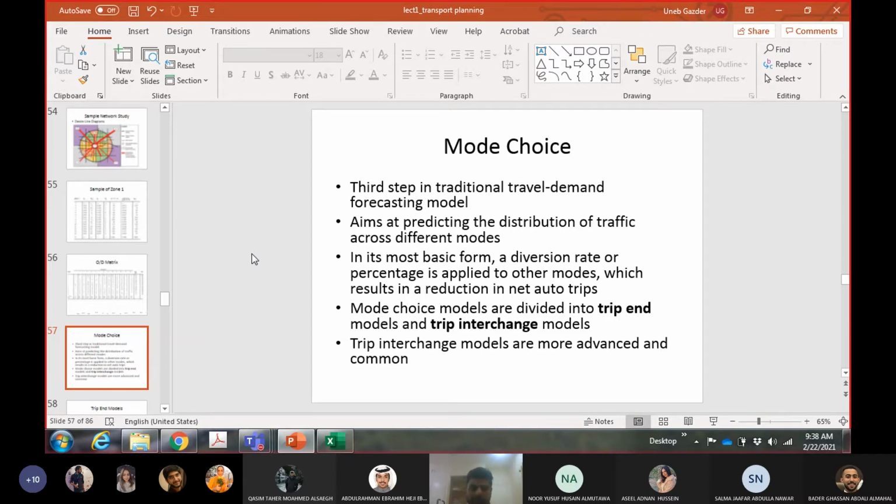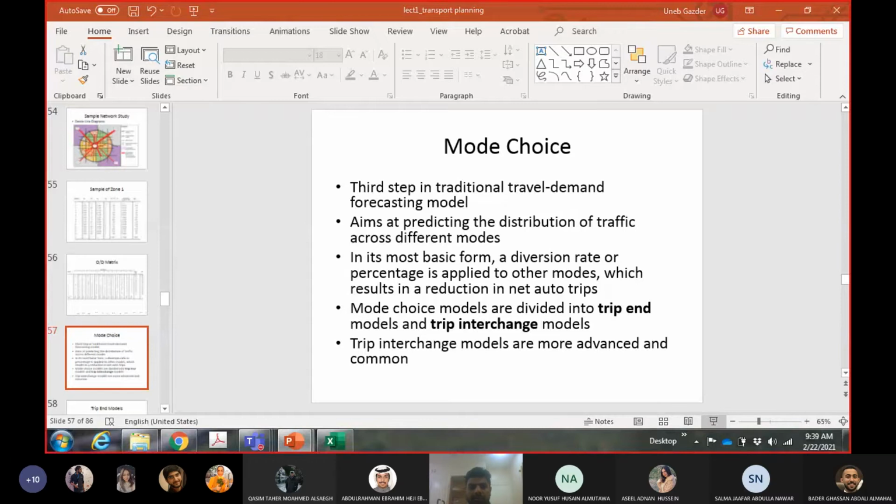The trips produced from each zone, distribute them according to the gravity model using the AFK factors to other zones. Then you will have the OD matrix, and then you balance the OD matrix using the iterations which I just showed you.